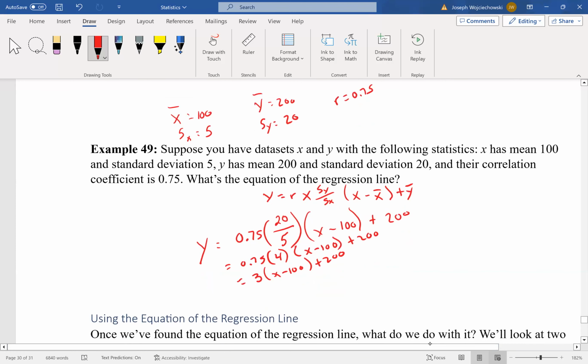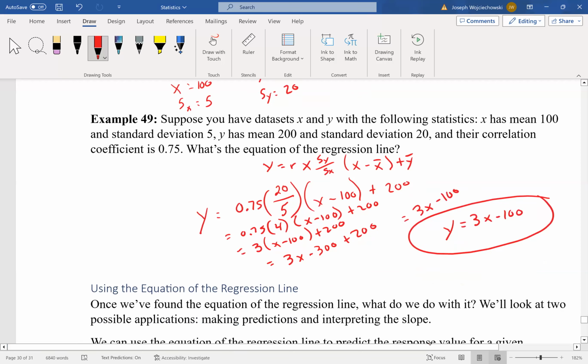Distributing, we get 3x minus 300 plus 200. Combining our like terms, we have 3x minus 100. So our regression line is y equals 3x minus 100.